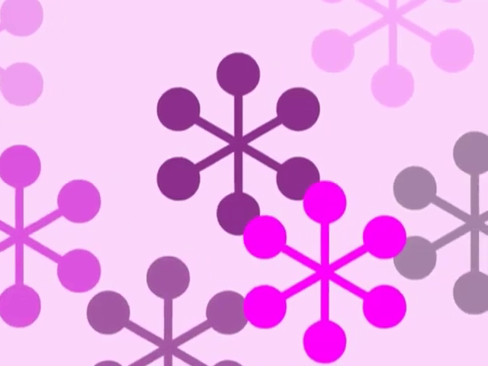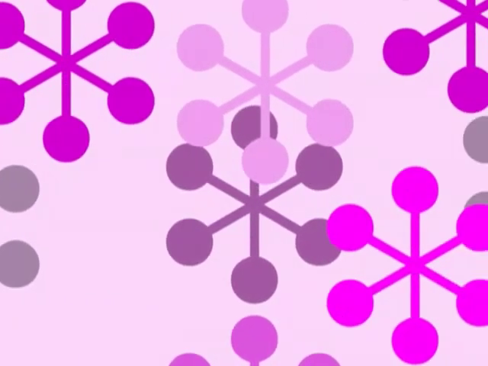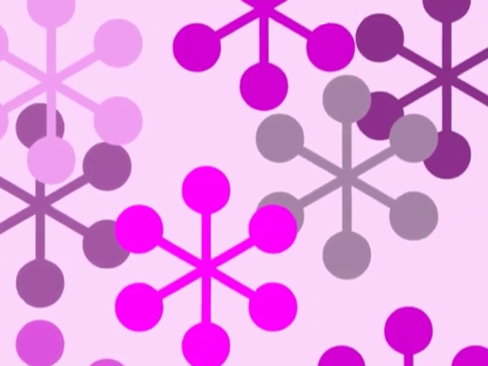This value is known as the hue. All of these red colours here have the same hue. These blues have the same hue. All these greens have the same hue.